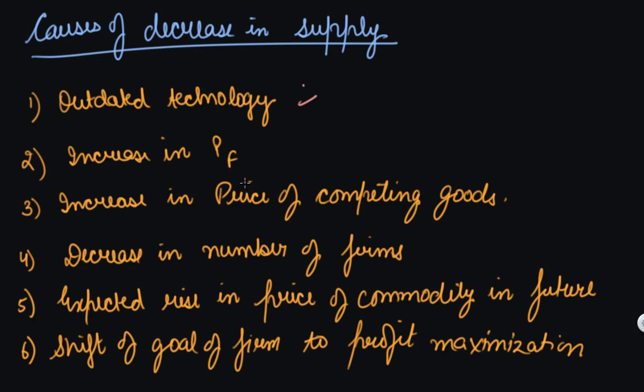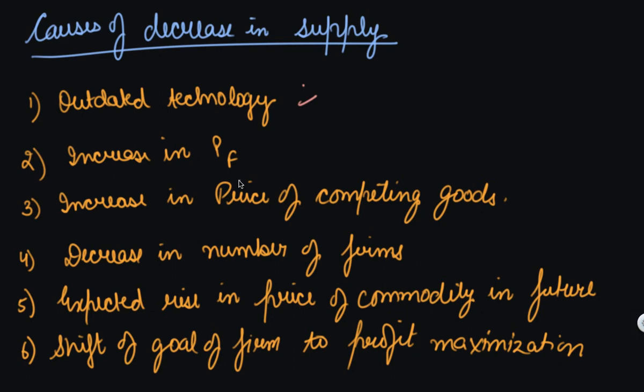Increase in the price of competing goods: let's say the price of tea has increased. You have a product, coffee. You will want to supply less coffee at the lower prices. So you will wait till the price of coffee reaches that of tea or above. So you will hold on to the stock with you.